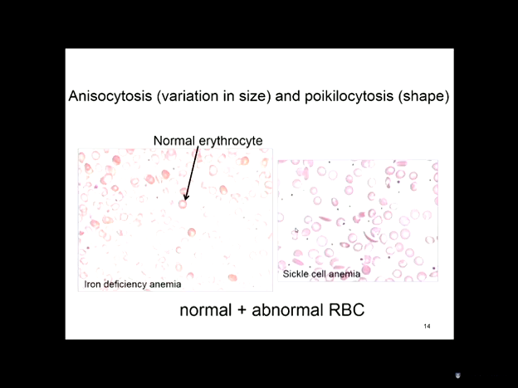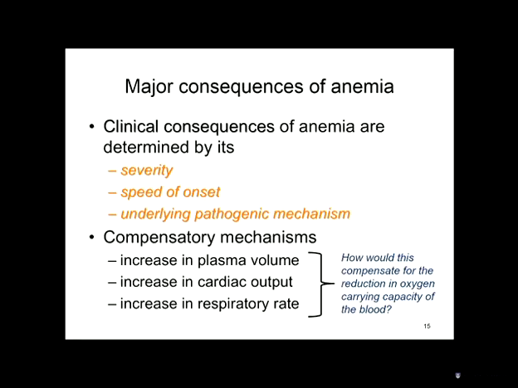And this is a bizarre shaped cell as well. Abnormal shape here. Okay, so there are other different shape types. We're not going to obviously talk about all of them, but just so you can see examples of what anisocytosis and poikilocytosis mean.